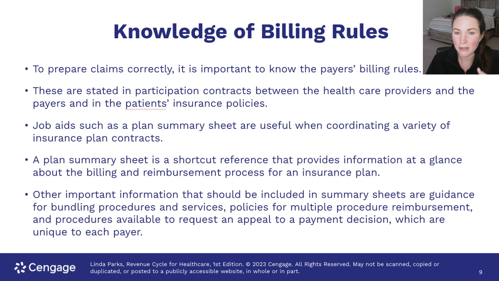So it'll have what are covered and not covered services, medical necessity requirements, pre-authorization requirements, things like that. And it's just something that they can quickly reference, so they're not having to dig through books or online. They can just quickly see, okay, this is how I need to do it. Another important thing that should be included is the rules on bundling procedures and services, or when multiple procedures are done at the same time. So how to go about that.